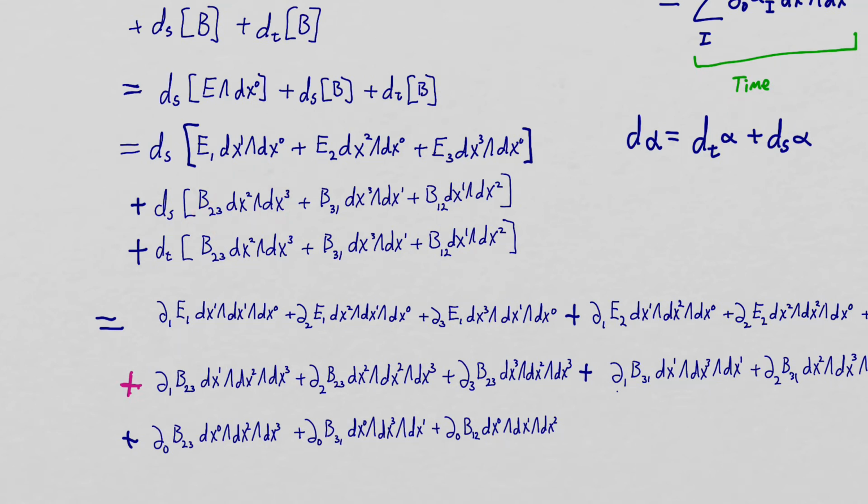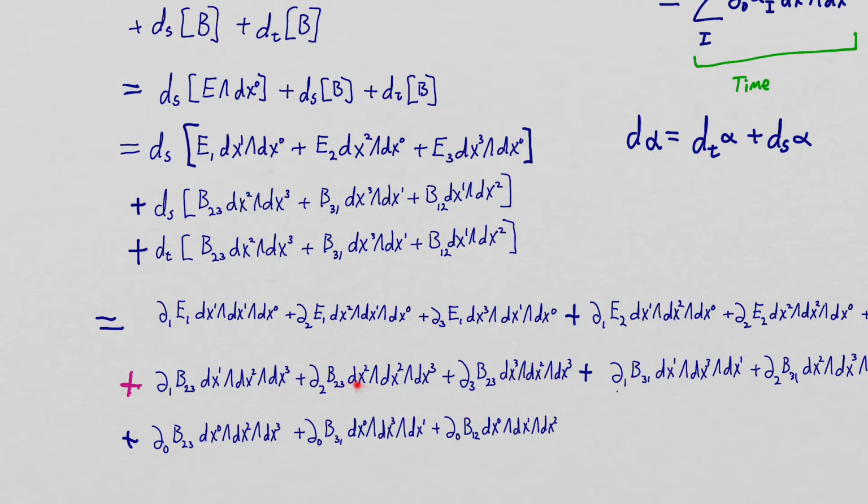We'll start with this first term, and that's the spatial derivative of b23 with respect to x1, dx1, dx2, dx3. Spatial derivative of b23 with respect to x2, dx2, dx2, dx3, so that'll go away. And the spatial derivative of b23 with respect to x3, dx3, dx2, dx3, so that one goes away.